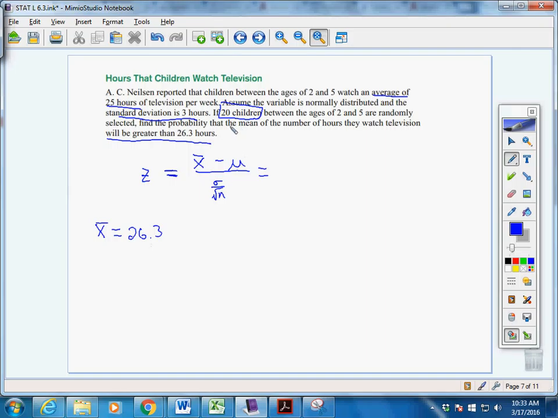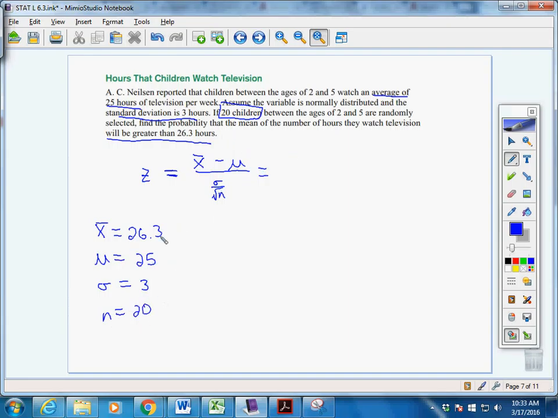We want to find the mean of the number of hours they watch TV. Our population mean is given right here, 25 hours. Our standard deviation is right here, 3 hours. And our sample size, our n, is right here, 20.